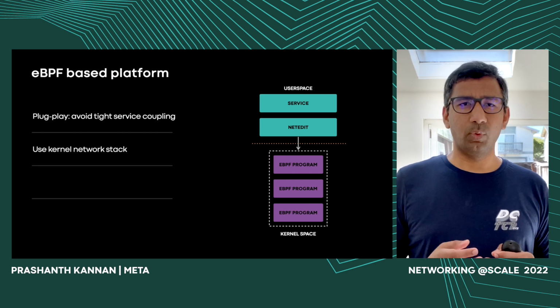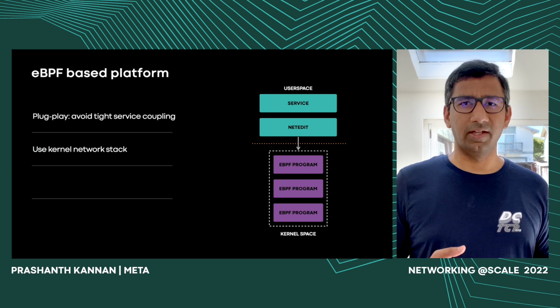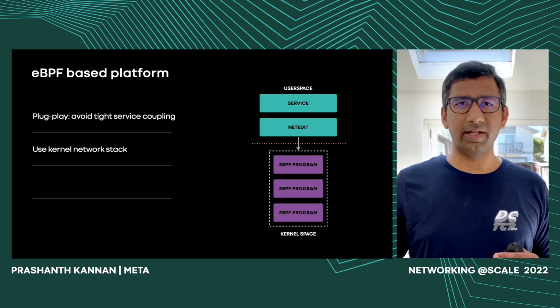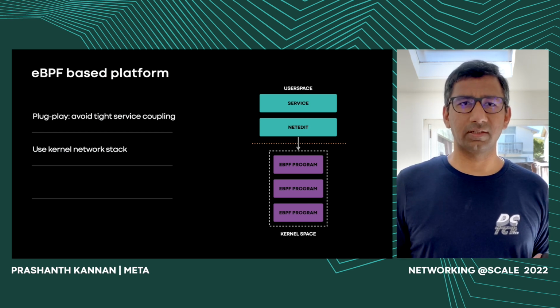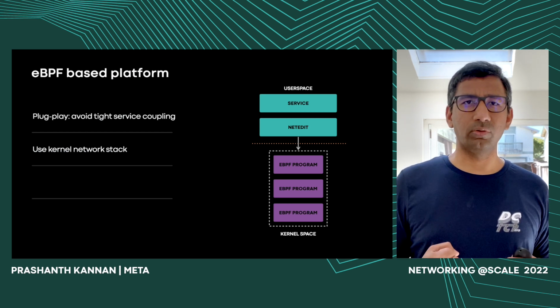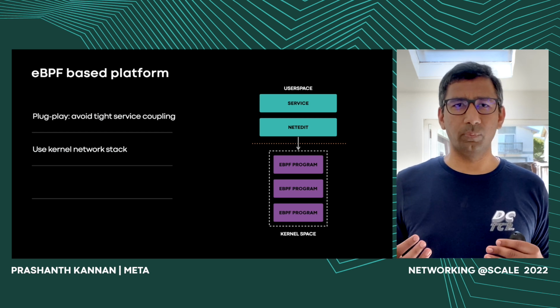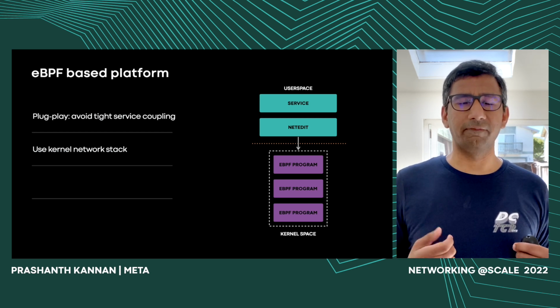Second, we wanted to maintain network tuning as a separate system, if possible, loosely coupled and transparent to services. This would allow us to roll out changes at our own cadence, run A B tests at whatever scope we wanted, depending on the feature being tuned.